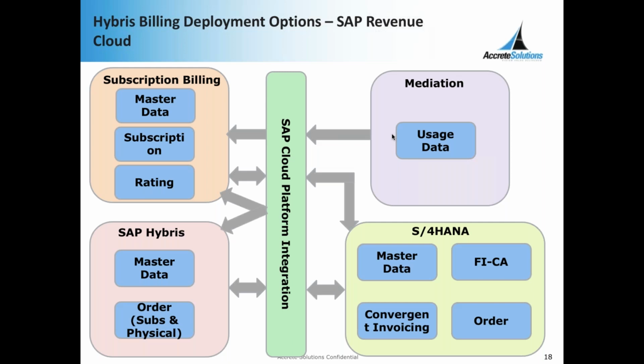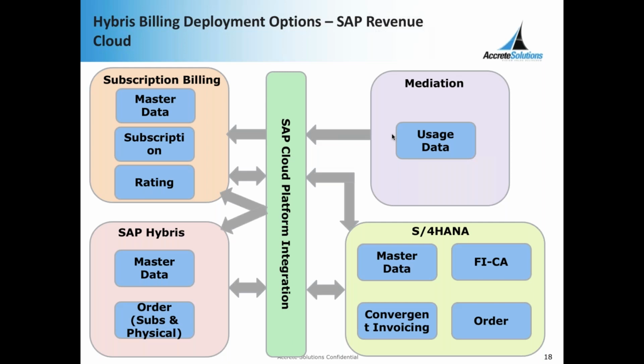So mediation, S/4HANA, SAP Hybris subscription billing are on the cloud, and you use SAP Cloud Platform Integration for integrating all the solutions. So the mediation feeds usage data to subscription billing, where you can do the rating, which is basically pricing and charging. And from subscription billing, you can send the data to S/4HANA for convergent invoicing and financial accounting. Again, same as the previous scenario.